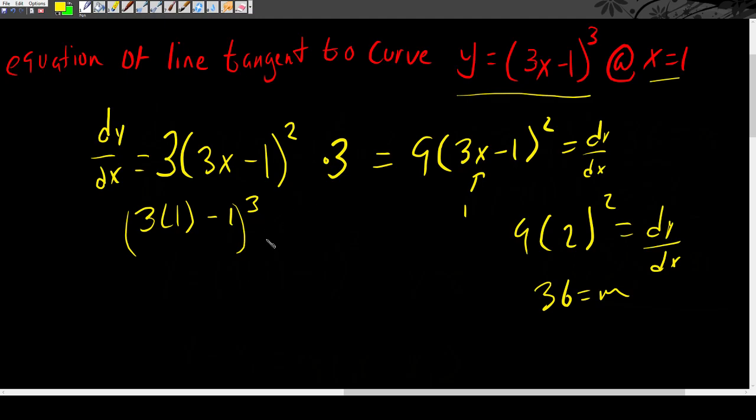You get the right answer, but you don't show a coordinate. You don't show 2 cubed. This is 8. (3 times 1 minus 1) to the third is 8. So your point is (1, 8), and your slope is 36.